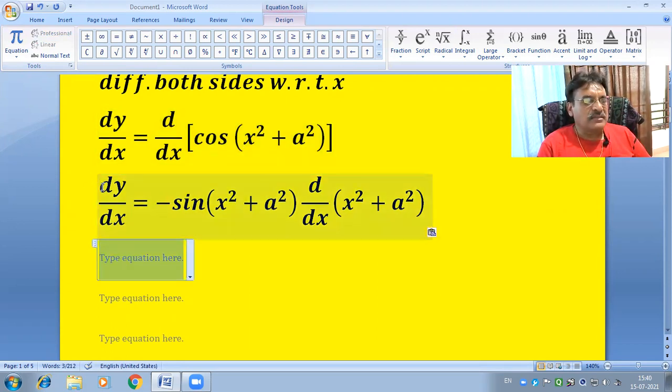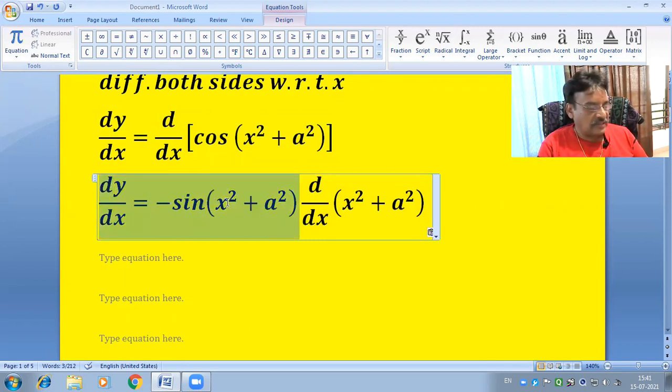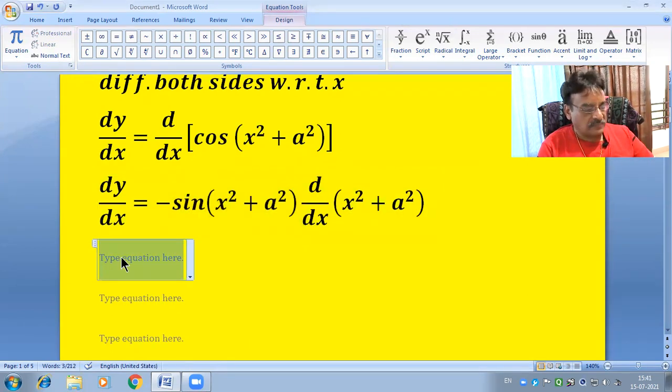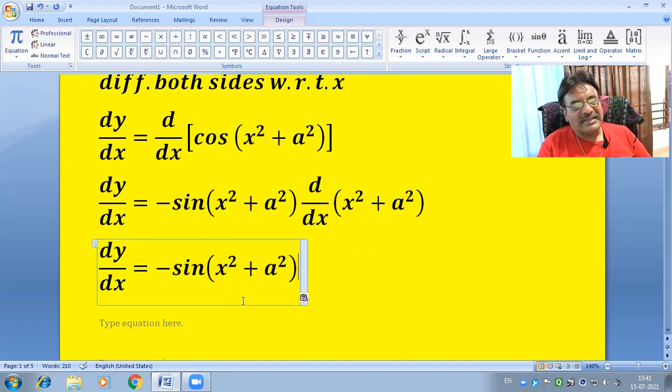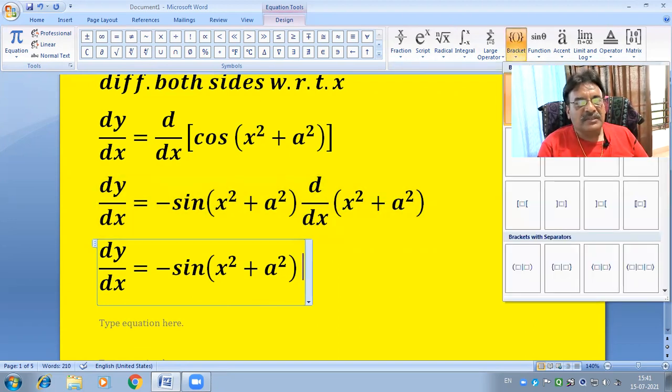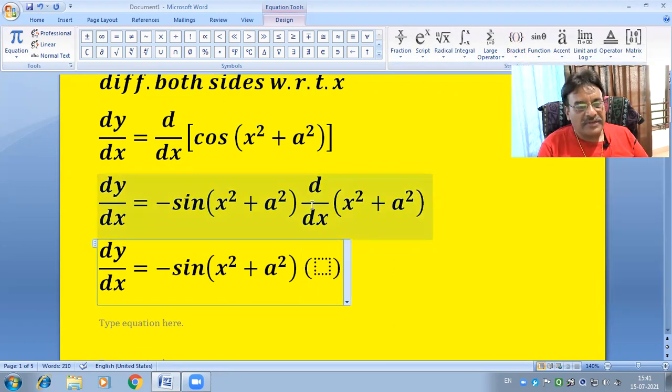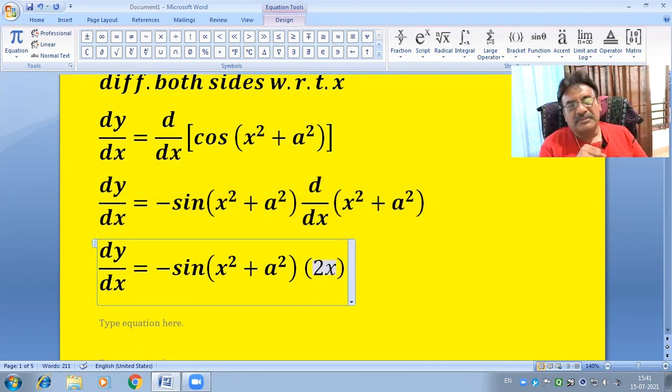Therefore, dy by dx is equal to minus sin (x square plus a square), which up to this step stays as it is, into d by dx of (x square plus a square). Here we use the addition rule and find d by dx of x square, which is 2x, by using the formula d by dx of x to the power n is n x to the power n minus 1.